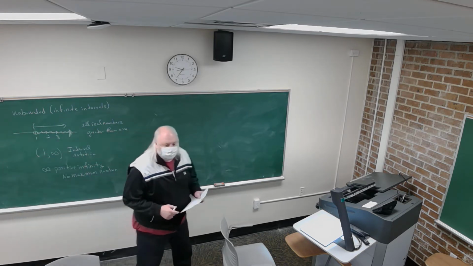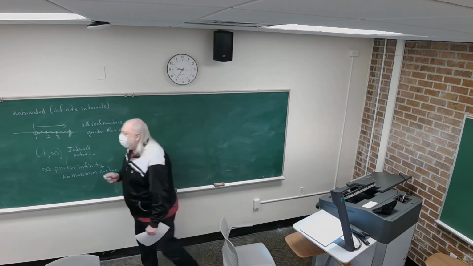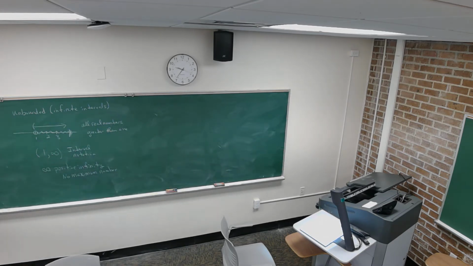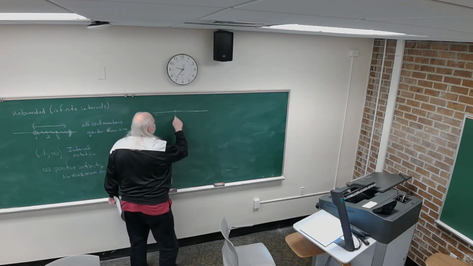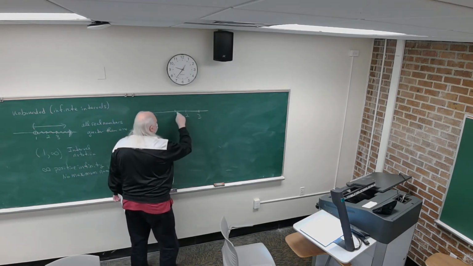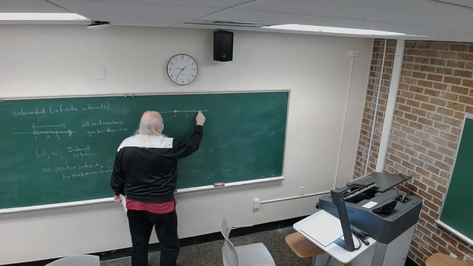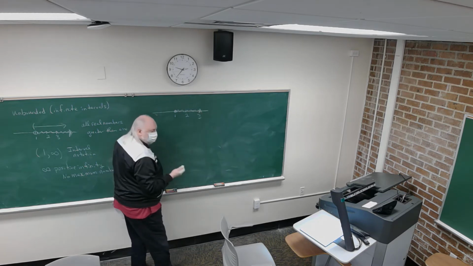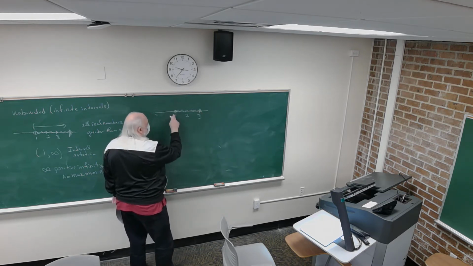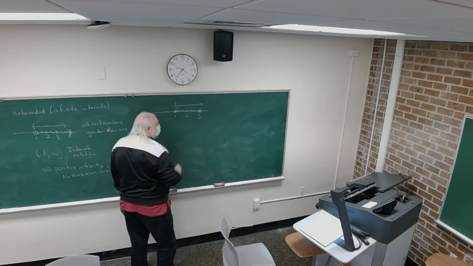All right, any questions on that? Okay. Now in the fifth example, instead of an open circle at 1, we have a closed circle. And so that means we're including the number 1. So we replace the closed circle on the left end with a left bracket.